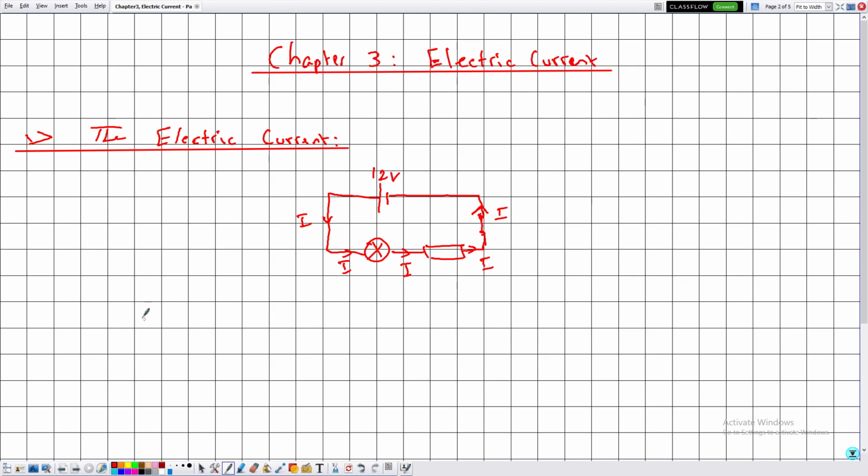So let's say any closed circuit, or a closed circuit, let's say, more convenient, including a generator G, is being traversed by a current I.